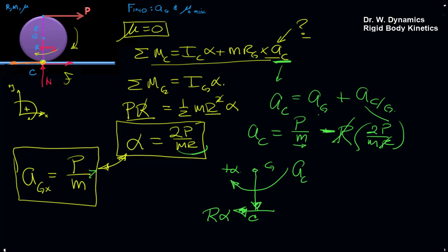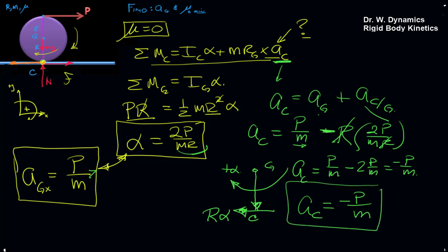And we end up with a sub C is P over M minus 2P over M, which is negative P over M. So the acceleration of point C in this case will be negative P over M in this direction, which is the same magnitude as P over M of the center above it as the wheel spins. So there is the slipping of that wheel. Point C is not fixed, it's sliding past the ground now at the bottom.